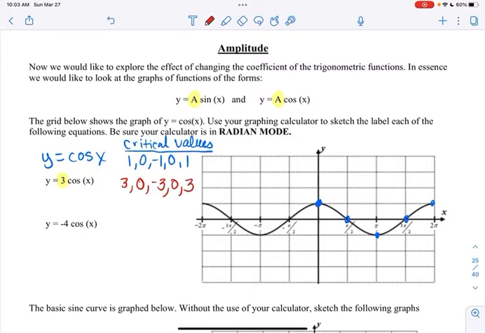Okay, so my graph just gets a little taller, but it has the same shape, 1, 2, 3, so it's 0, 3, 0 stays the same, it's -3, 0, and 3. So my graph looks like this. And in the other direction, same thing is happening. And there is my graph of y equals 3 cosine of x in red.